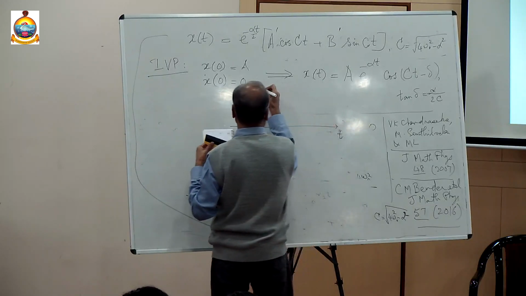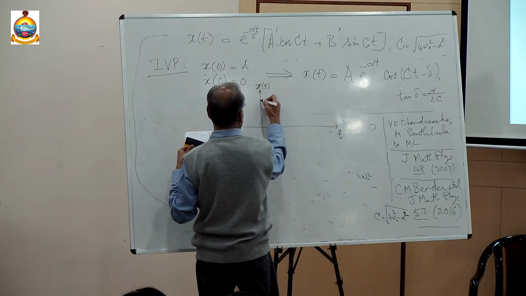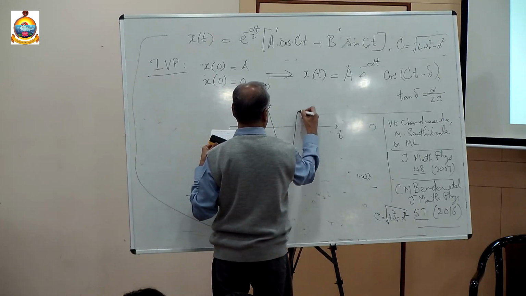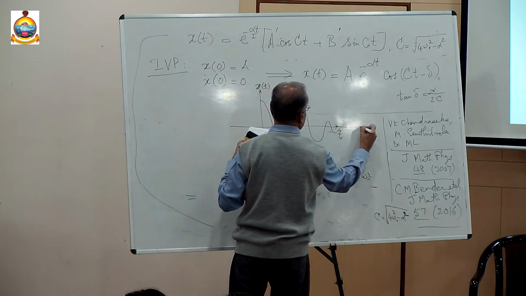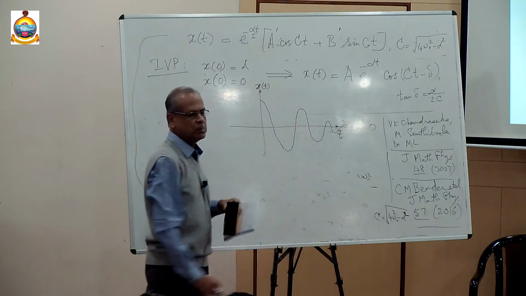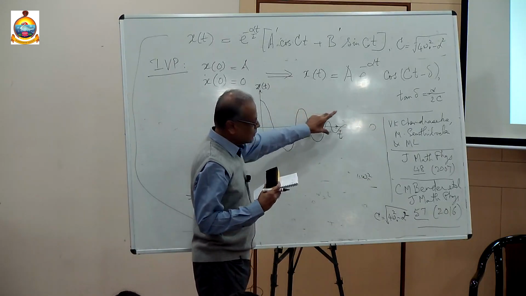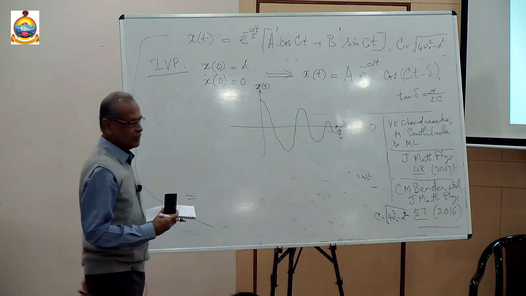This is t, this is x of t. You start from some initial amplitude A, and then it comes down, the amplitude keeps decreasing, and ultimately it approaches 0. Damped oscillatory motion. It's periodic, but then the amplitude keeps on decreasing. So that is the nature of the motion.